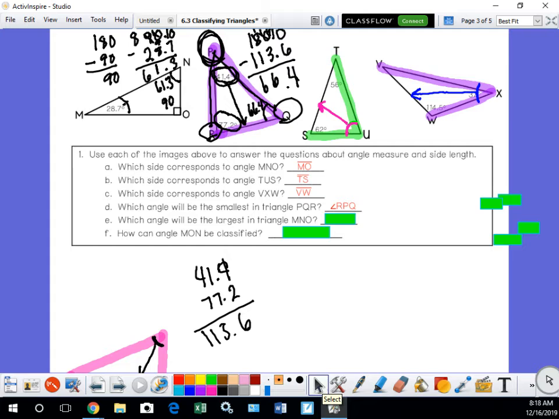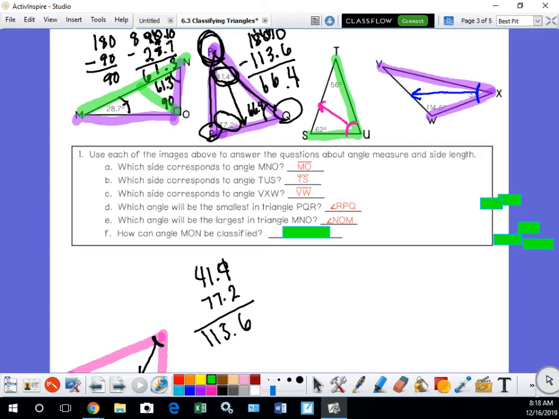Our largest one is going to be the 90 degrees. So that's going to be angle NOM. You could have also noticed that the longest side length in this triangle is right here. And so you'd go across from the longest side length to get the longest angle.